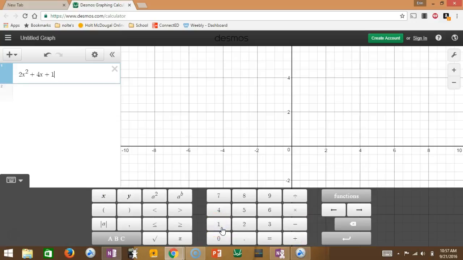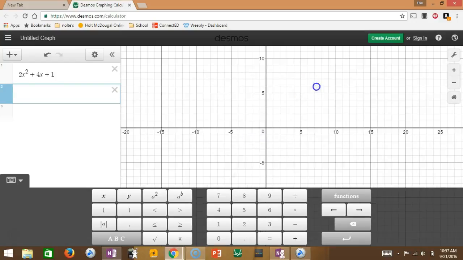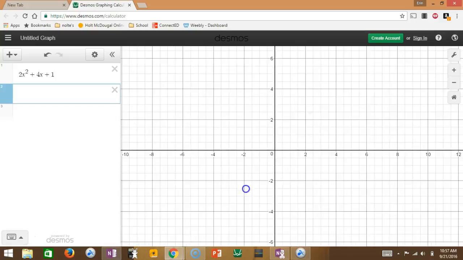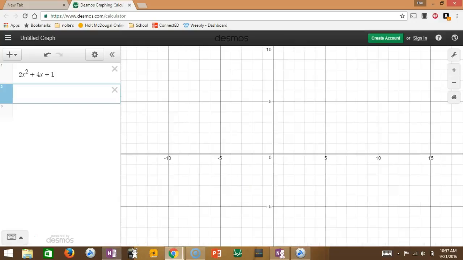Come on, Desmos. Why is it not working? You didn't put equals. No, I shouldn't have to. Huh. Well, what? Dang it. When Desmos doesn't work, I guess you just have to use Webbit.